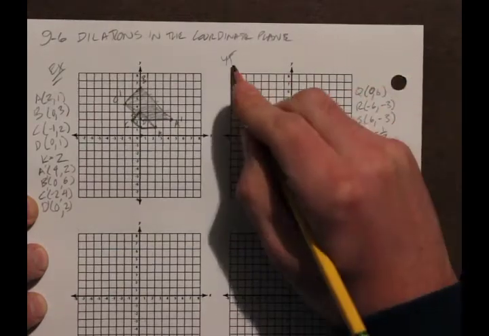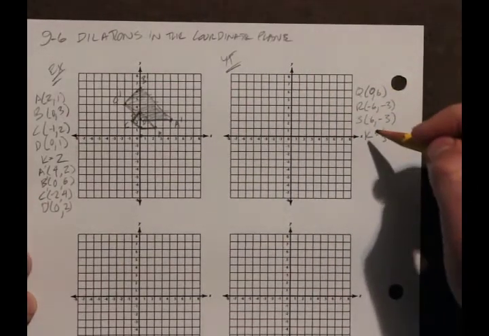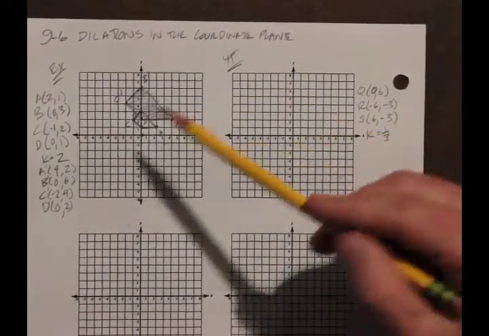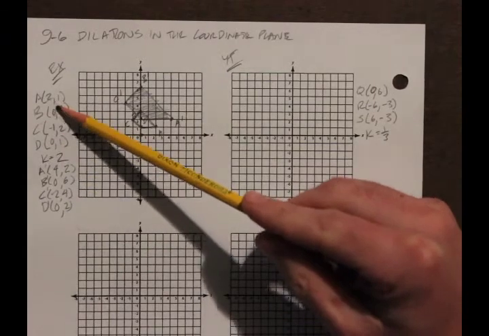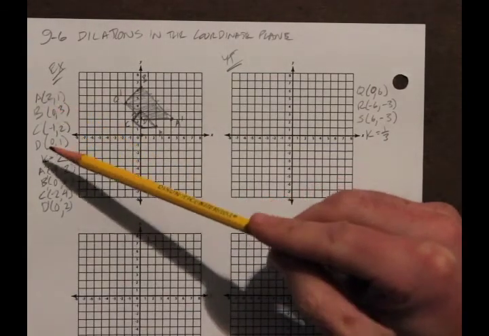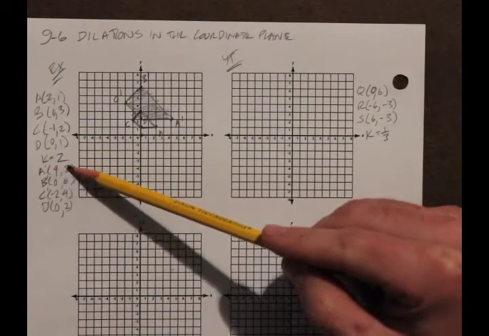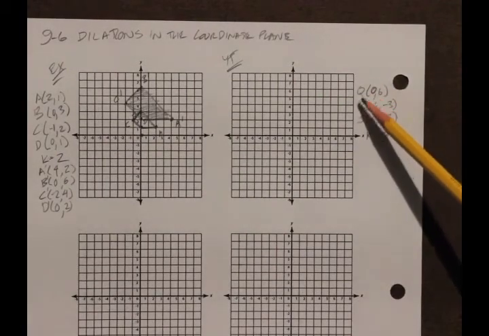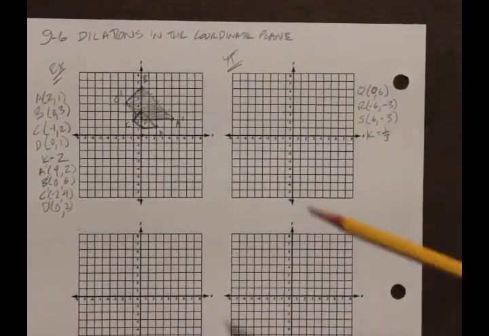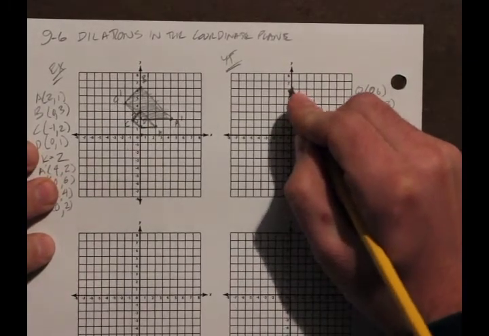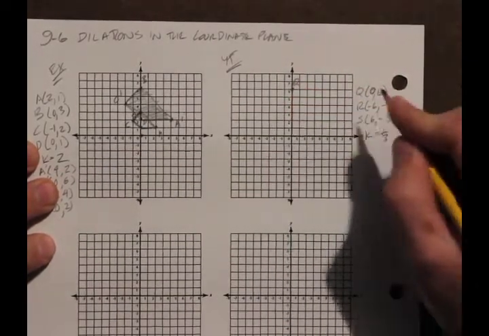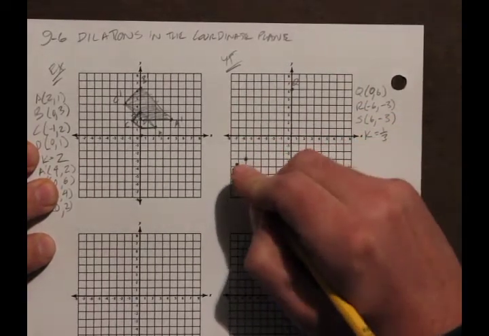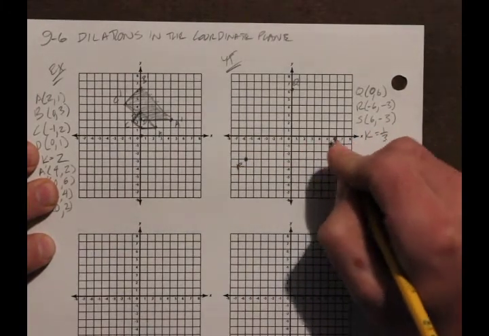All right, so this is a you-try. I'll give you a little explanation first, and then you guys do it, okay? So remember what we did over here is I took each of these points, the x and the y value, and multiplied it by 2 to get my new point for my image. So we're going to start with the pre-image here, QRS. Let's plot that real quick. 0, 6, which is Q, -6, -3, R, and S, 6, -3.